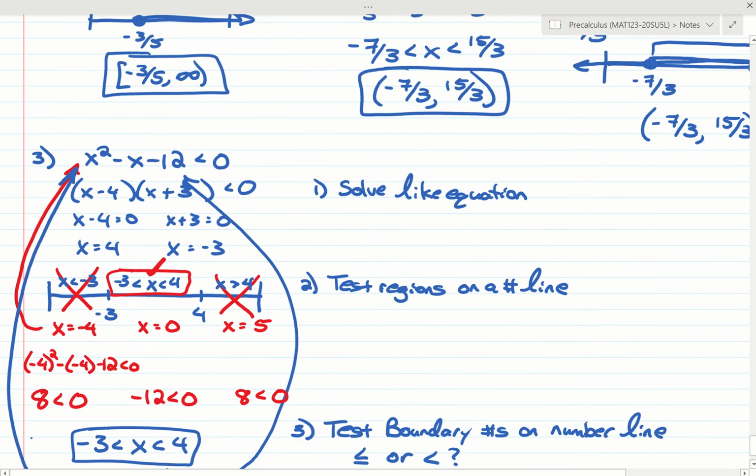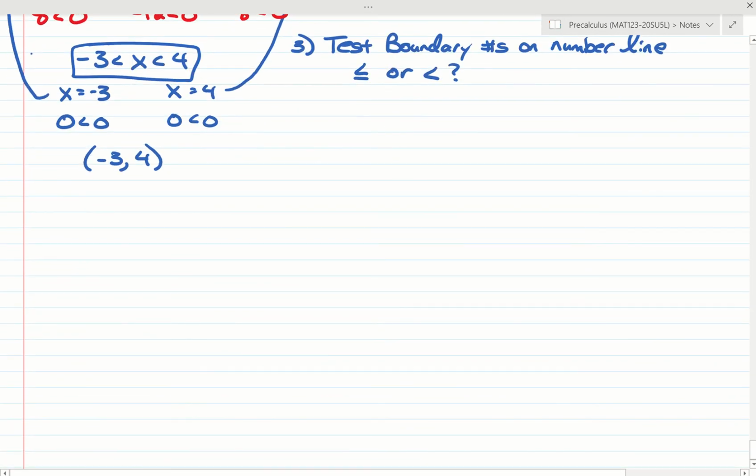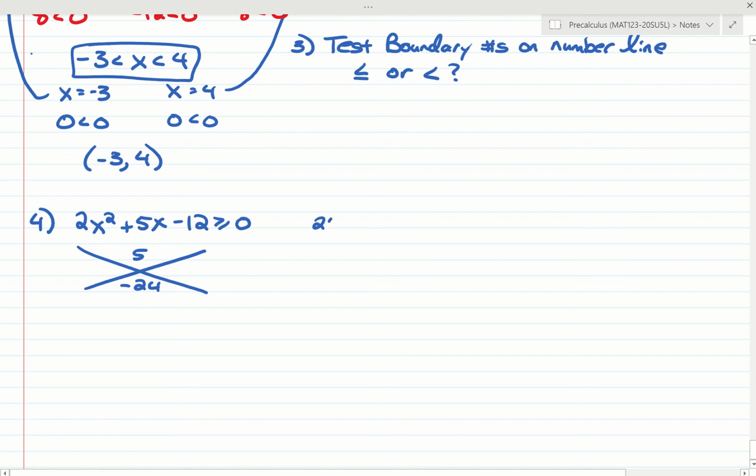Let's try another one. So this will be problem number 4. It's another quadratic. So we have 2x squared plus 5x minus 12 is greater than or equal to 0. First thing we'll do is factor this. So this one's a little bit more complicated, so I'll use my AC method. -24 and 5. Factors of 24 that add up to 5. Let's figure them out. I know 2 and 12, that's not going to give us 5.